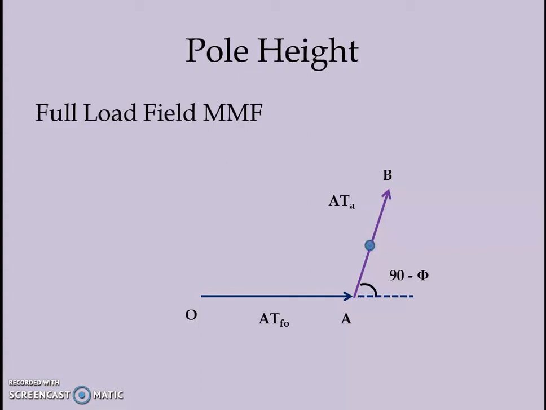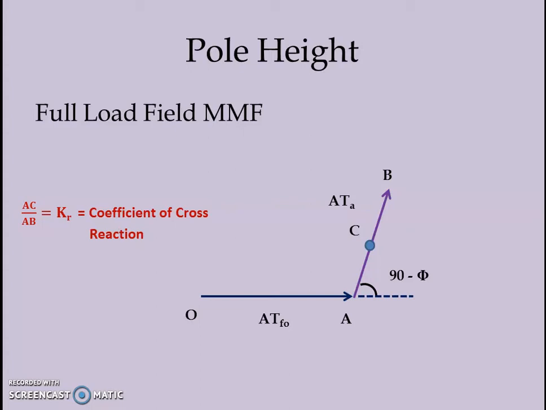Then we decide one point on AB, and that point is known as C. To decide C, we take the ratio AC divided by AB. This ratio is known as KR, or the coefficient of cross reaction, and it basically depends on the ratio of the pole pitch to the pole arc.